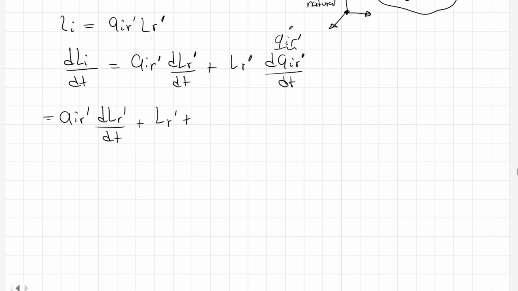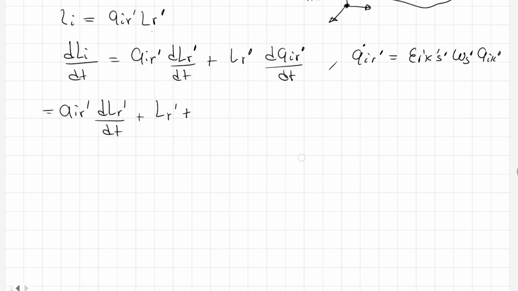And we have an equation that we have been using in these lessons to represent this element in terms of the angular velocity. That expression is this one that I'm writing here: epsilon_{rks} ω_s a_ik. Perfect. So we can substitute that result.